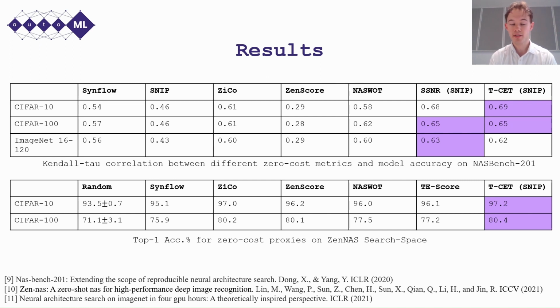We can see that taking the signal-to-noise ratio of the SNIP scores, SSNR, drastically outperforms mere aggregation, which is just listed as SNIP in NAS-Bench-201, but more generally we can see that both SSNR and TSET outperform many previously existing proxies. These results hopefully demonstrate the benefits of viewing zero-cost metrics through the lens of layer-wise compressibility. And if you're interested in more details about this, then please check out our paper.